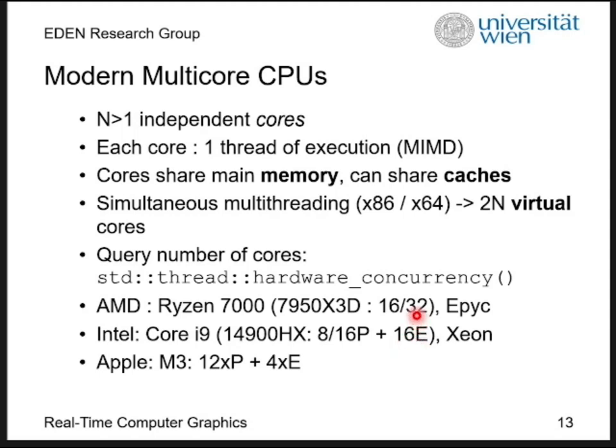So there's no simultaneous multithreading here. And Apple has something very similar. They also have up to 12 performance cores and up to 4 efficiency cores. And of course, this is a way to have built in the possibility to have high performance workload, as well as being energy efficient and using up as little energy as possible.